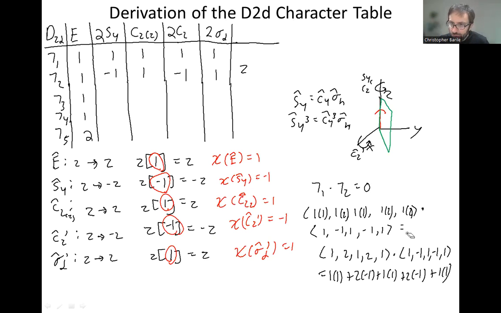We made a mistake here. This was a 2, and I did write a 2, but I couldn't even read my own writing. So this was supposed to be 2, and so this is supposed to be 2 times 1. It happens, you make mistakes. So 1 plus negative 2 is negative 1, plus 1 is 0, plus negative 2 is negative 2, plus 2 is 0. So they're orthogonal, which is good.